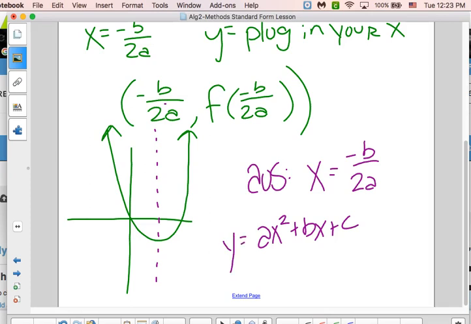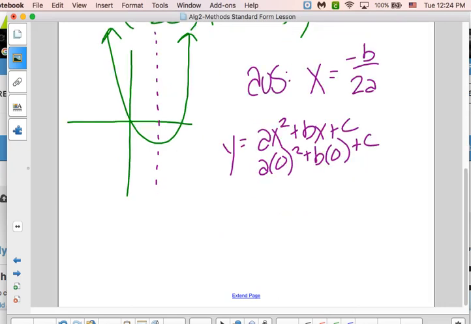There's one other thing. So standard form actually gives you something that vertex form can't give you, and it's the y-intercept. You guys know when we're graphing linear stuff, the y-intercept is important. These graphs still have y-intercepts. At the y-intercept, what does x equal? 0. So imagine if you just plug a 0 in for these x's, what's anything times 0? 0 plus 0, 0.